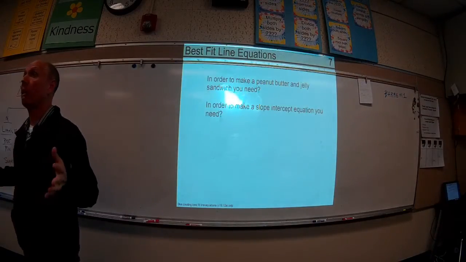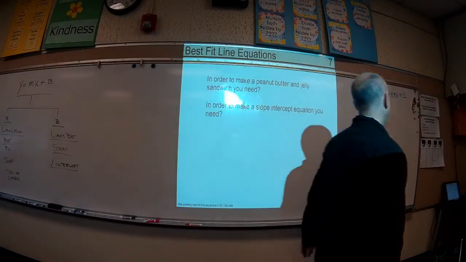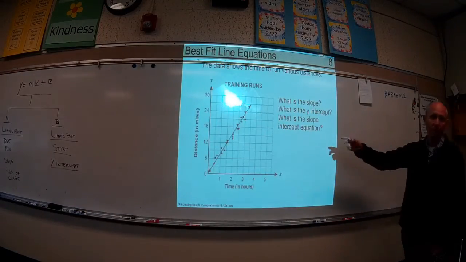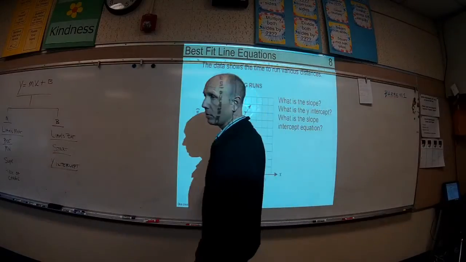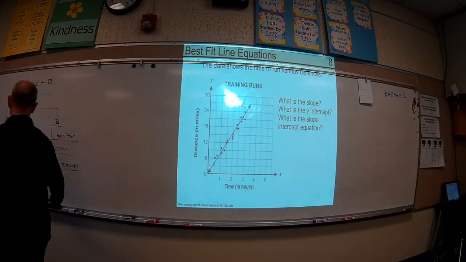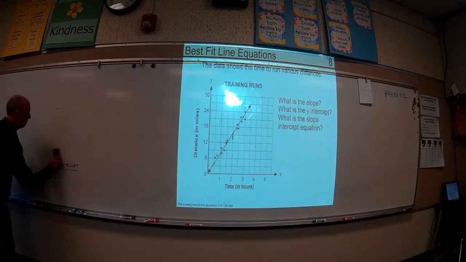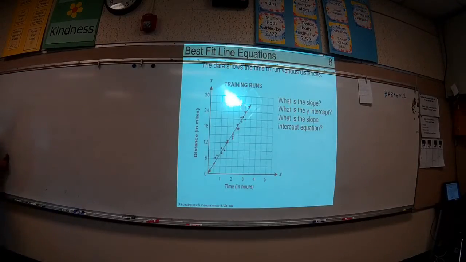So we're going to make a flow map on how to get the slope-intercept equation for this guy right here. It's nice to have a scatter plot, but it's even nicer to have an equation for it. So let's make a flow map. You have made this flow map before. I'm just going to add one new box to it.